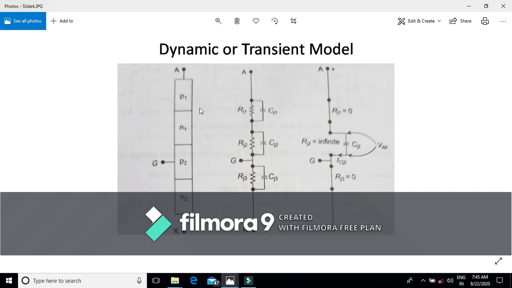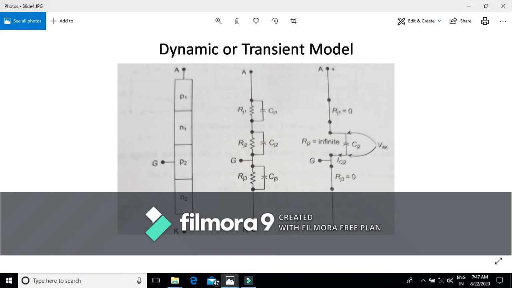All three junctions can be represented by a resistance and capacitance connected in parallel. That means junction J1 is represented by RJ1 in parallel with the capacitance CJ1. Junction J2 can be represented by RJ2 in parallel with capacitance CJ2, and junction J3 is represented by RJ3 in parallel with the capacitance CJ3.